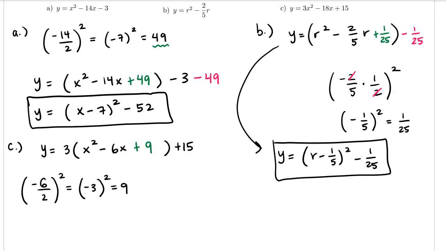And then the place where this changes is I don't want to subtract 9 on the outside of my parentheses because I'm not actually adding 9. What I'm really adding is 3 times 9, which in this case is 27. So on my outside, I want to subtract 3 times 9, which is 27.